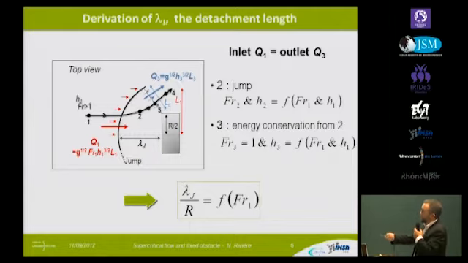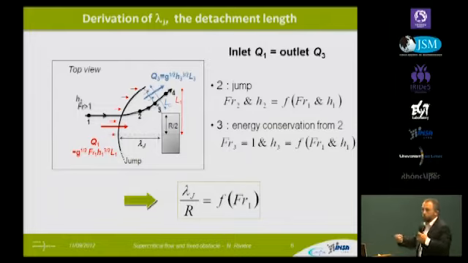With basic laws of the jump, we can deduce the properties of the flow as a function of the properties of the inlet flow: depth, Froude number, velocity, etc. And we can deduce by energy conservation the flow in 3 as a function of 2 and then of 1. And so with these different equations, we can have the value of the detachment length only as a function of the inlet Froude number.